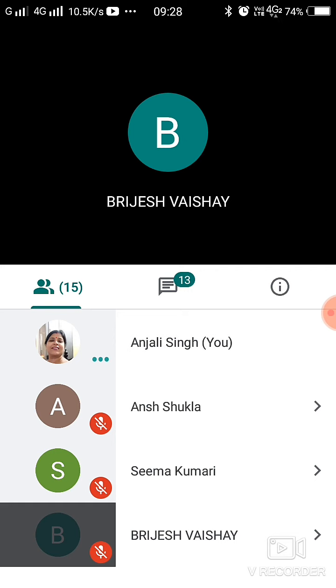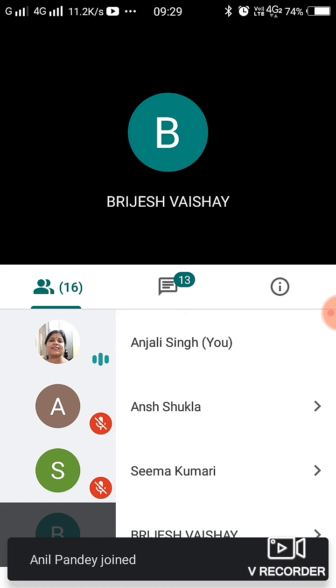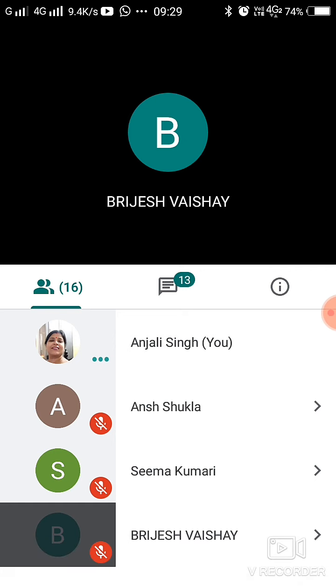Now, plants are classified on the basis of flowers. There are a number of plants on the earth. Some plants bear flowers, while others do not. Plants which bear flowers are called flowering plants. Mango, rose, sunflower, and grasses are some common examples of flowering plants.